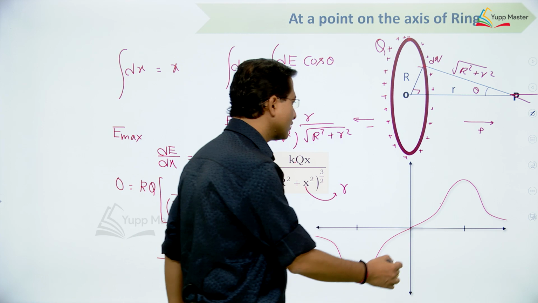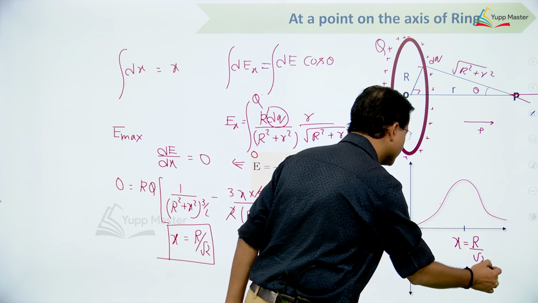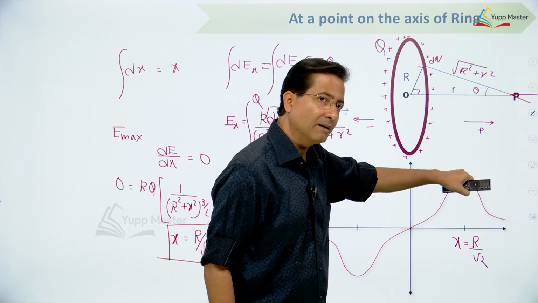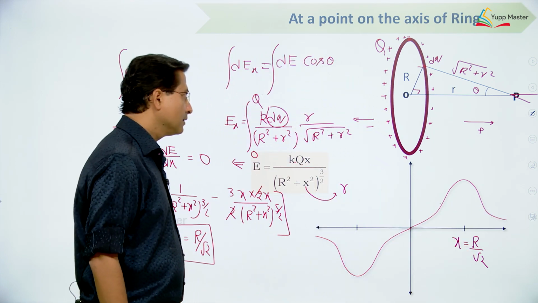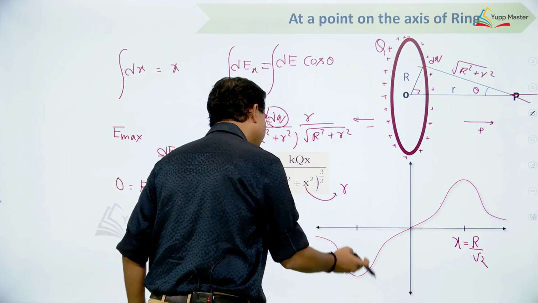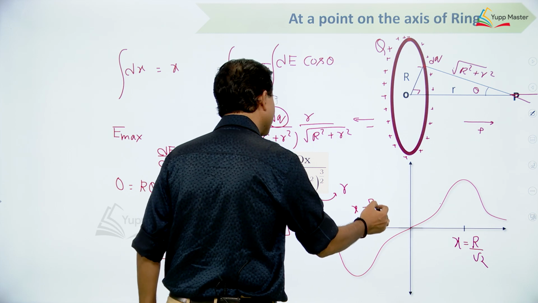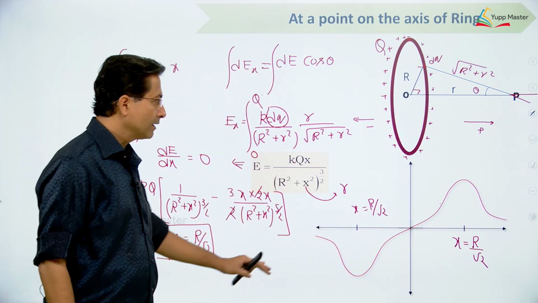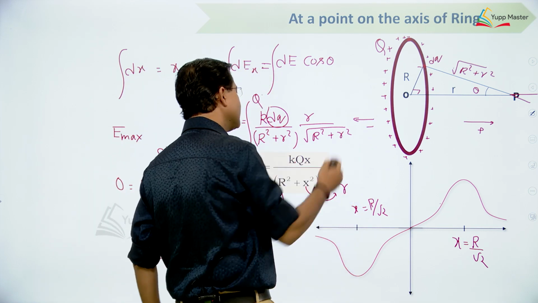So at x is equal to r by root 2, this side field will have maximum magnitude and afterwards it decreases. Similarly, if you go this side, then field will have maximum magnitude at x is equal to r by root 2 and then field decreases, right. Here we are drawing this curve below because I have taken this direction negative.